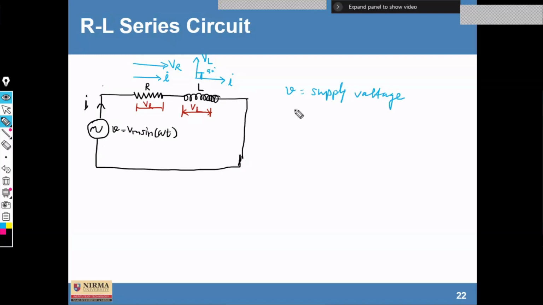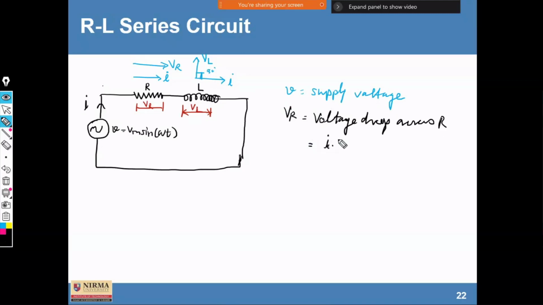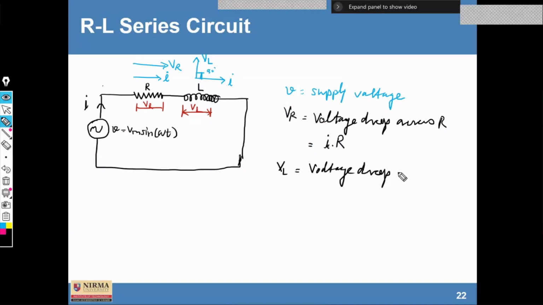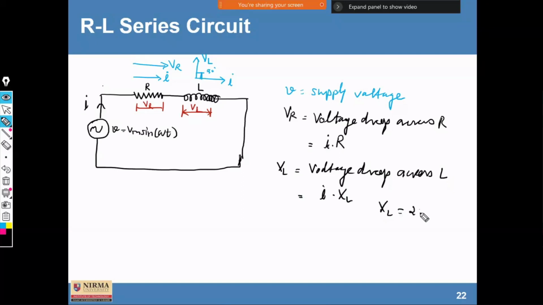Then VR is the voltage drop across R, and we can write the amount of current flowing through as I into R. Then VL is the voltage drop across L, and it is represented as I into XL, where XL is the inductive reactance, written as 2 pi f into L, or we can write omega into L also.